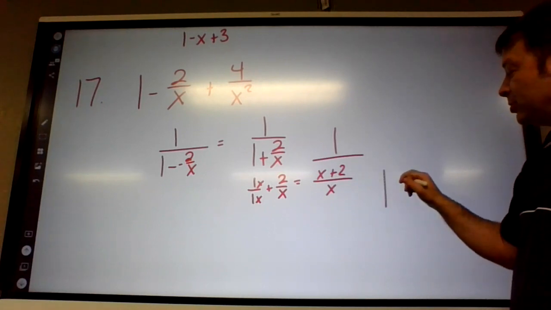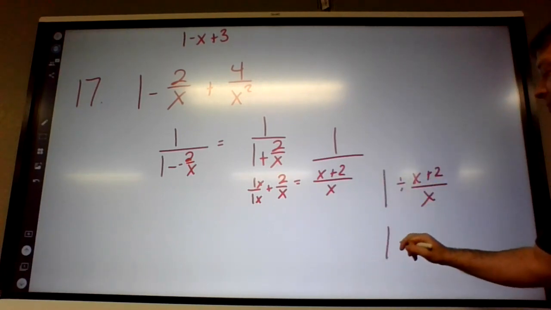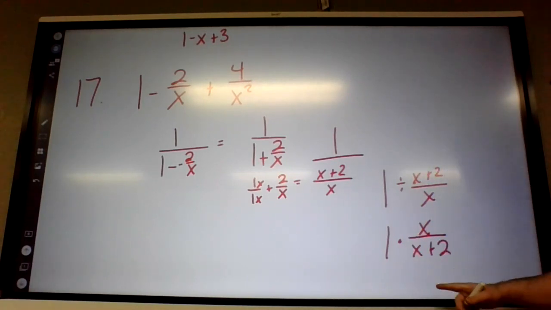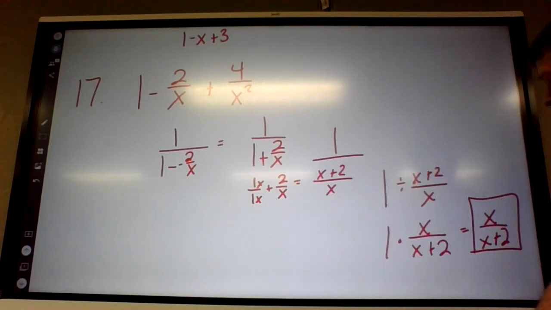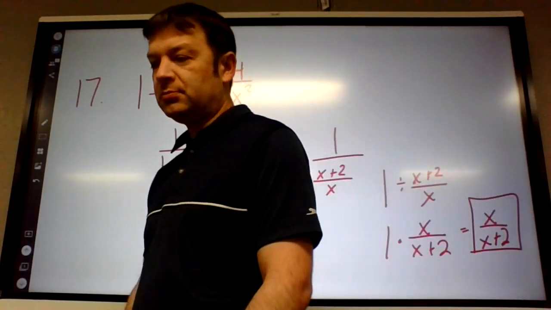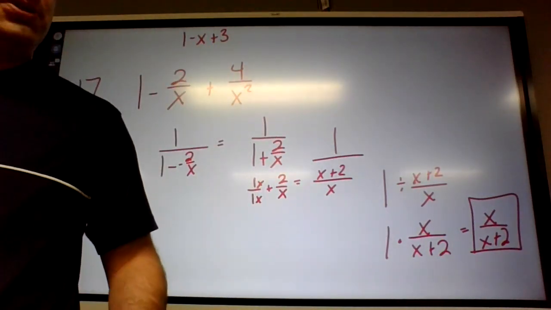So if you're doing 1 divided by that, then you just flip it and multiply. So it's just x over x plus 2. See, that wasn't so bad.